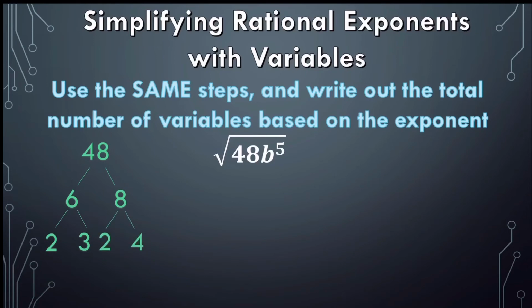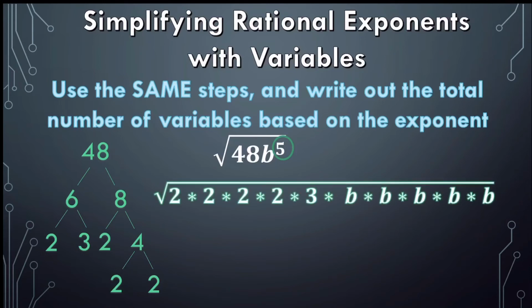And then 2 and 4, and then 2 and 2. Okay, so I write out all of those. But I have 5 B's, so I write out 5 B's, just like that. So I've got all my factors written out, and I've got all my variables written out.